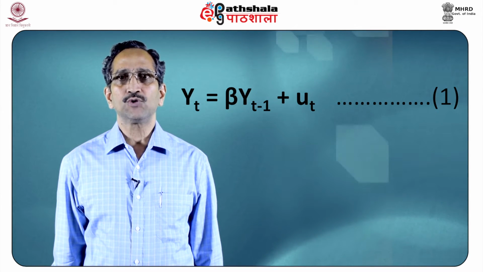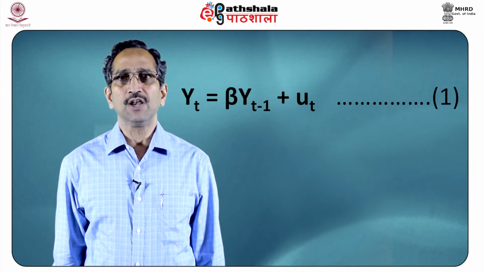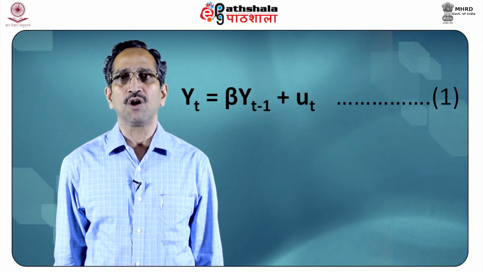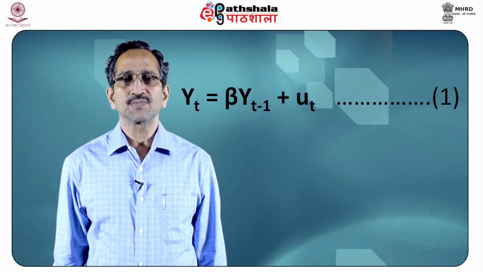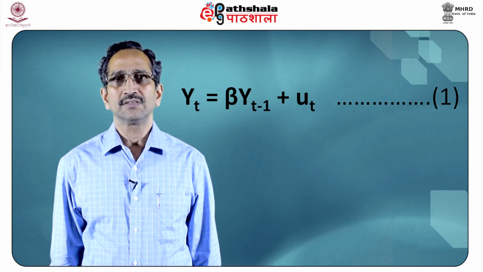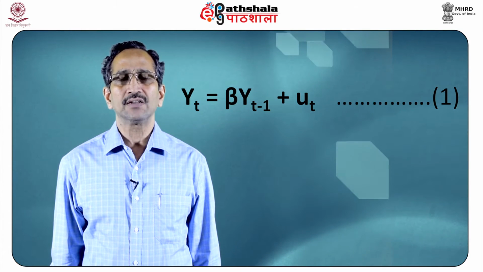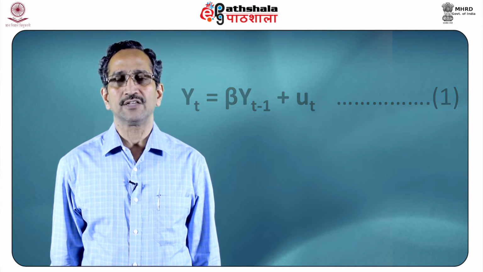Therefore, a unit root process is so called because the value of the coefficient of the first order autoregressive model becomes equal to 1. If, however, modulus beta is less than 1, that is, if the absolute value of beta is less than 1, then the time series yt is stationary.